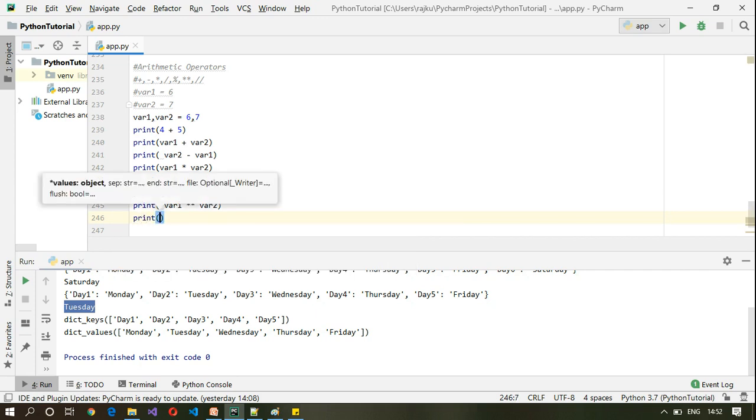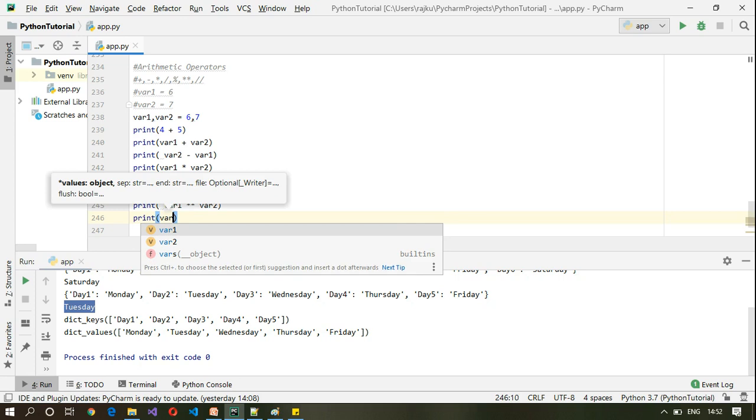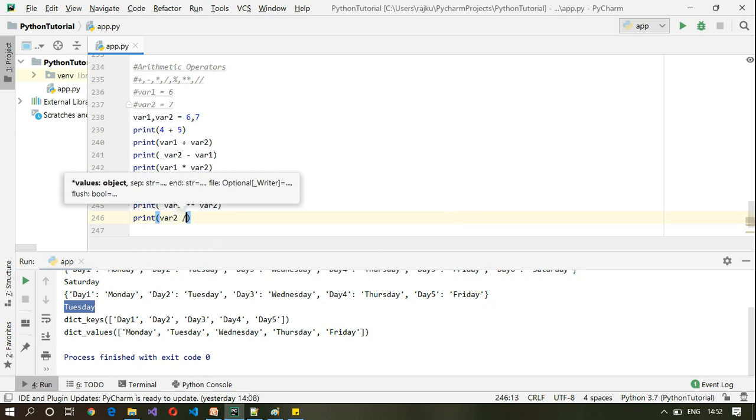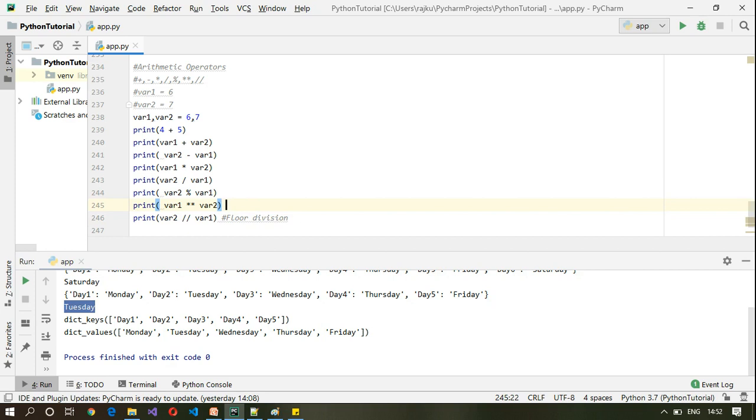Print var2 double slash var1. This operator is nothing but floor division. And this operator is nothing but exponent.